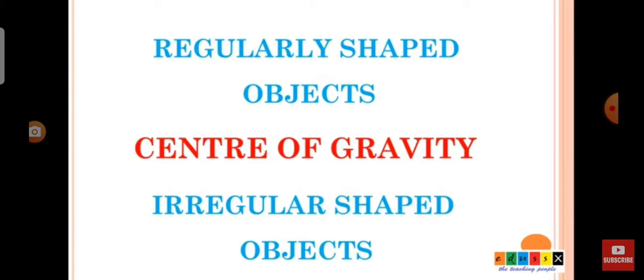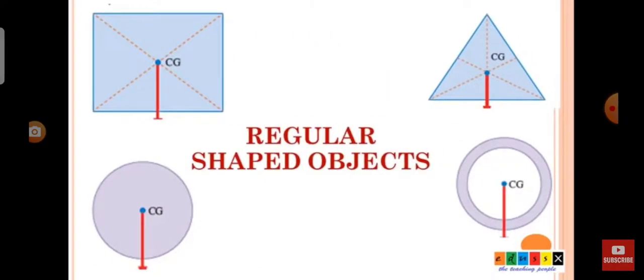Now we see about the center of gravity for regularly shaped objects and the center of gravity for irregular shaped objects. The first one is regular shaped objects.